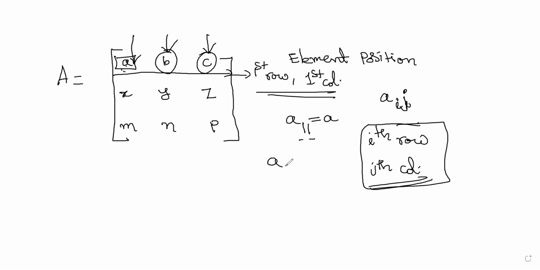Similarly, A12 means first row, second column, that is B here. Suppose A31, where do you go? Just look at it and tell me. A31 means third row, first column. The answer is M. Very good.